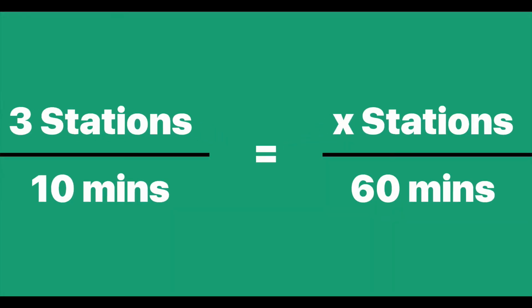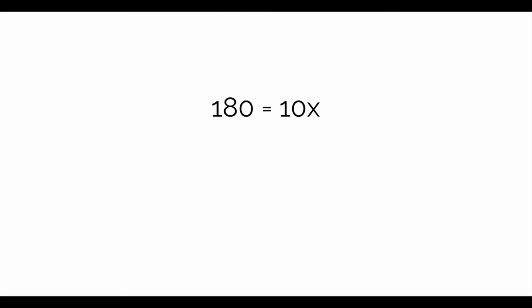So now, we've converted 1 hour to 60 minutes. Now all we have to do is cross multiply and solve for x. Cross multiplying gives us 180 equals 10x. Now it's time to solve for x. You solve for x by dividing both sides by 10, which would give us 18 equals x. So the answer is B.